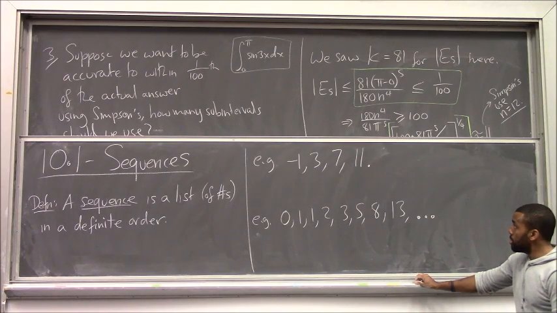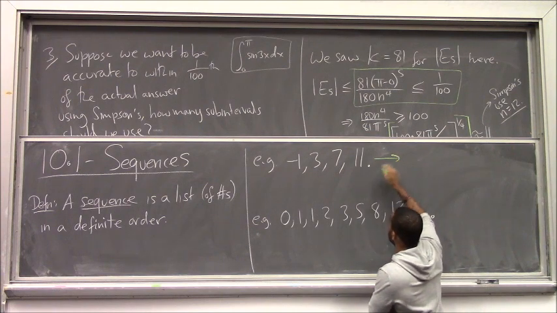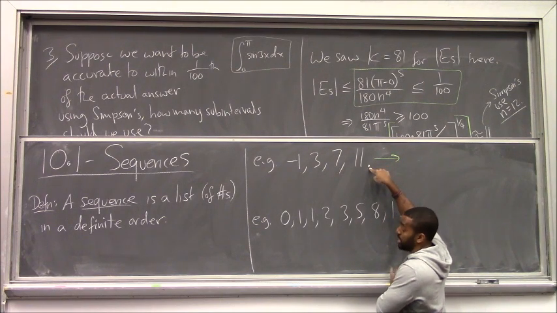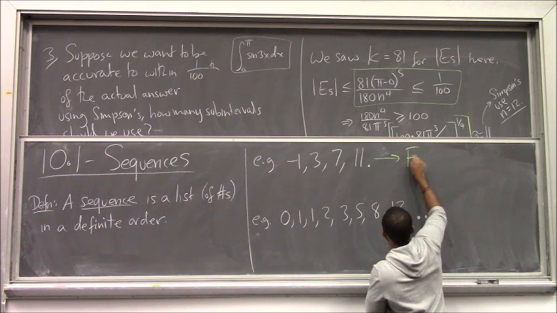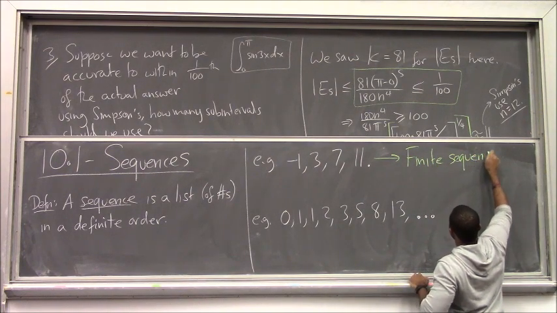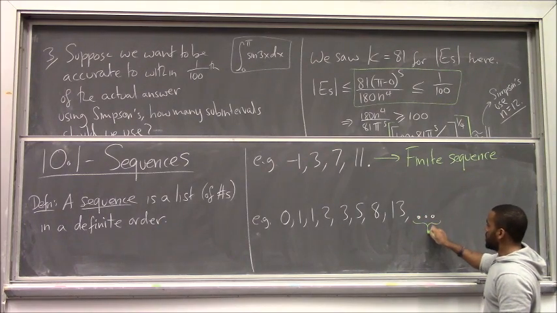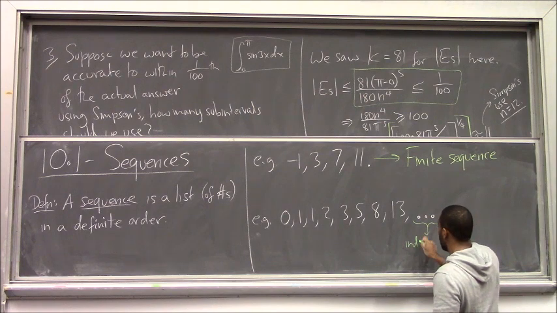Okay. So these are 2 lists. Mathematically, we would call them sequences. These are 2 sequences. This one here, as you notice, the list terminated. There was a last guy. This is called a finite sequence. This guy, we write ellipses. This indicates the pattern continues.